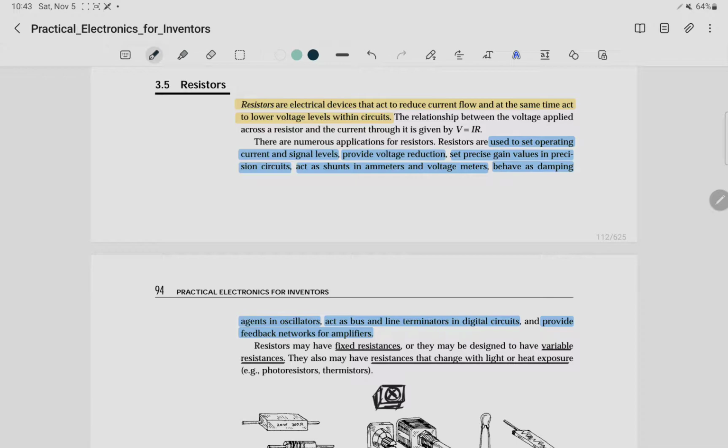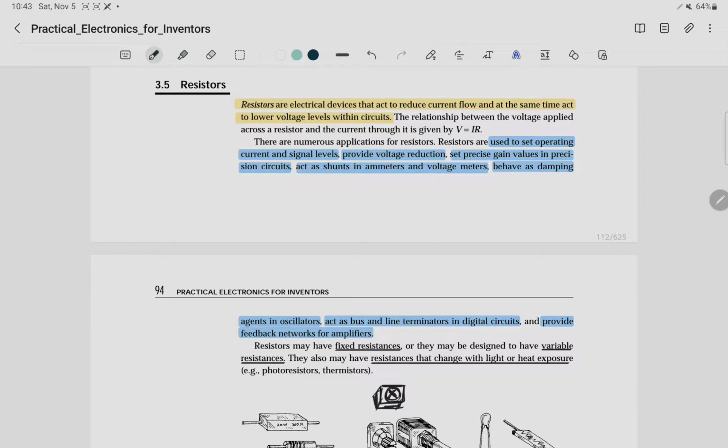Here we shall be talking about what a resistor is, how they are used, how they operate, the different types of resistors, how you would read the color codes to get the value of a resistor, how you can easily determine which high power resistor you want to use for a particular application, and different kinds of variable resistors, and which type of resistor you'd choose for a particular application. So without further ado, we can now get started.